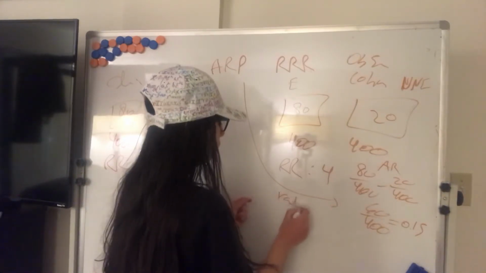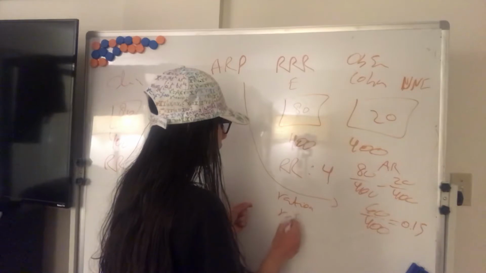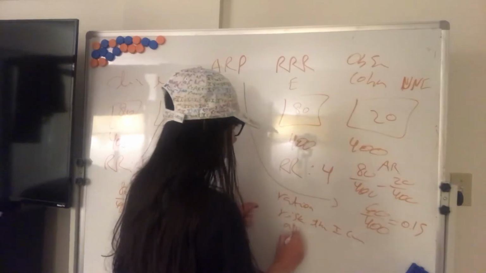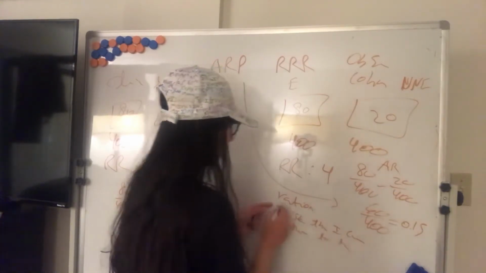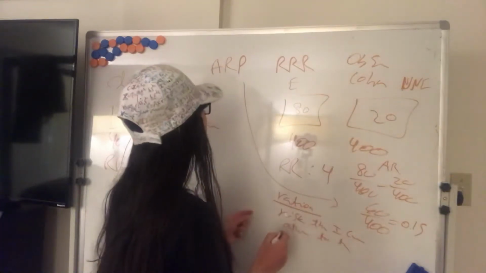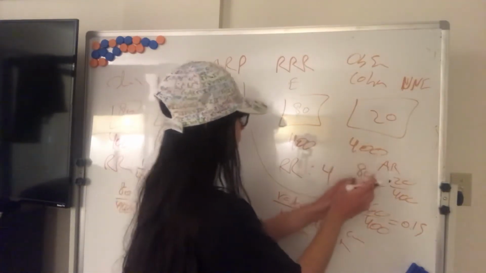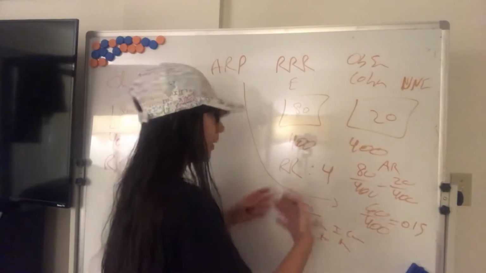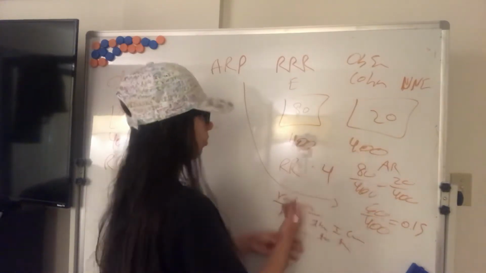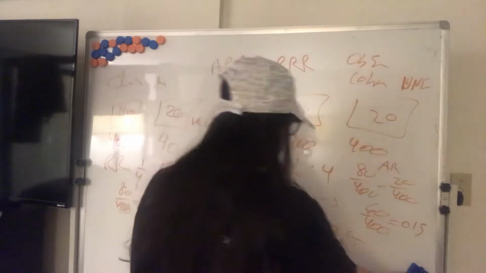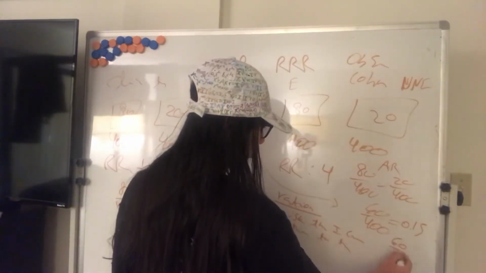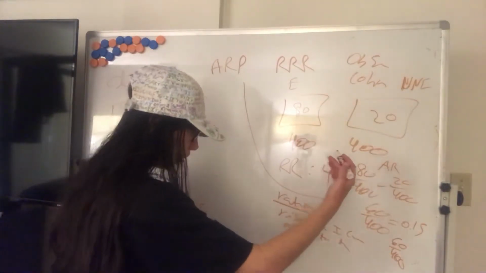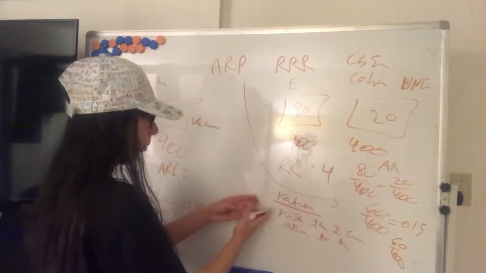Here I'm talking about a ratio: what is the percent of risk that I can attribute. So here the attributable risk is 60 out of 400. This is how much risk I can attribute.